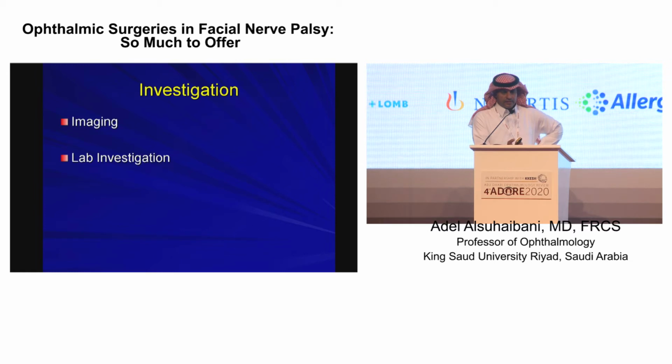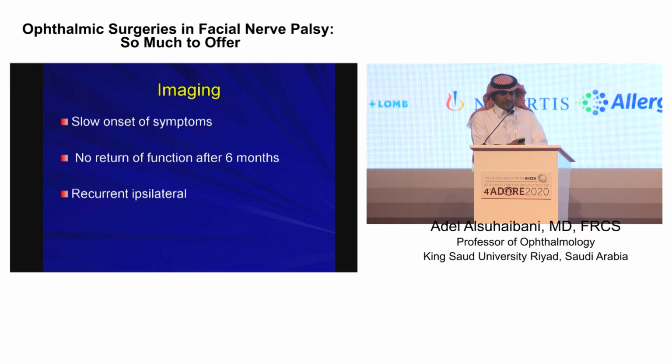When you get these patients, we need to take a detailed history along with a thorough examination of the eye and also of the face to look for the possible causes of facial nerve palsy. Then after that, you may need imaging and lab investigation, depending on the possible etiology based on your history and clinical examination.